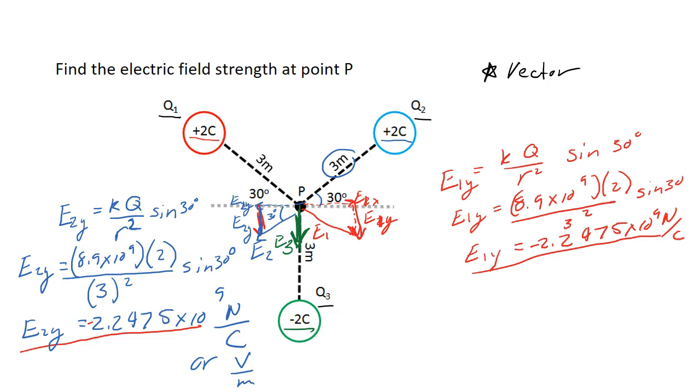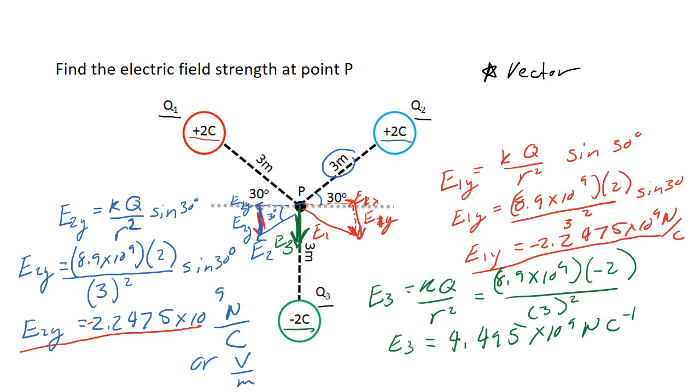So I'll use the equation we derived earlier, do my substitution, and I get 4.495 times 10 to the 9 newtons per coulomb as the magnitude of my electric field from charge 3. Notice that it was pulling toward the bottom of the screen, so it's going to have a negative here.